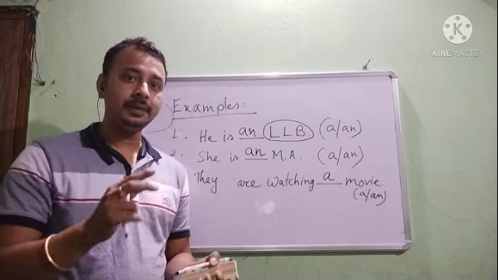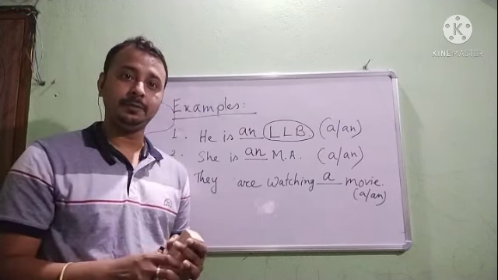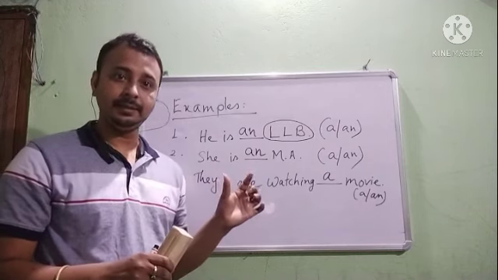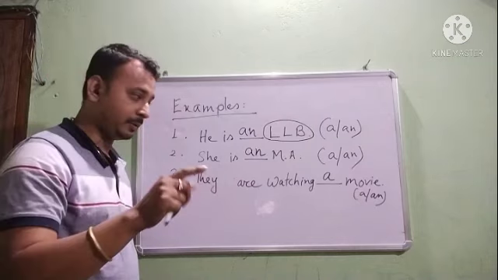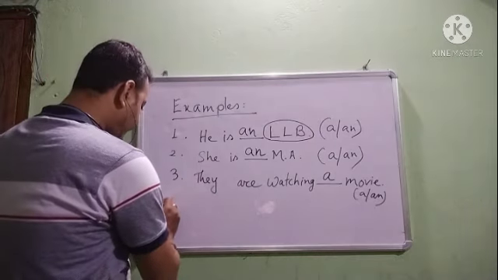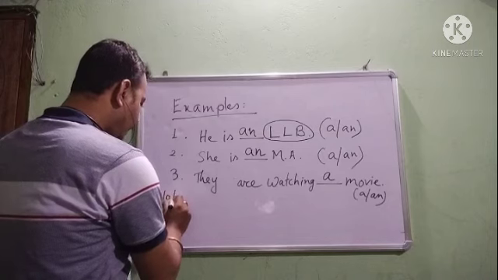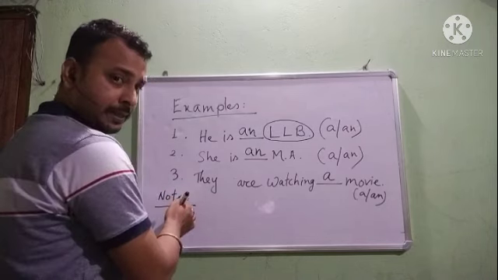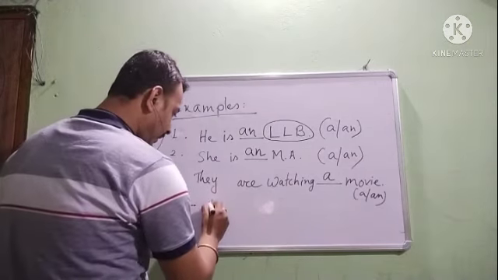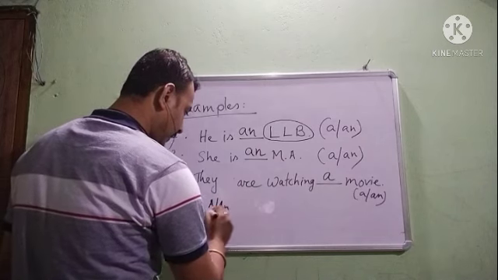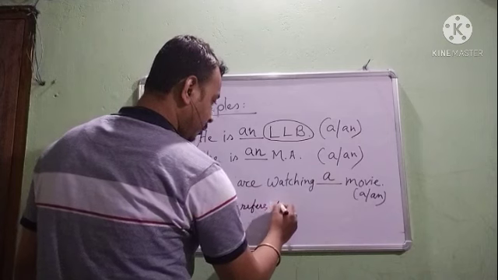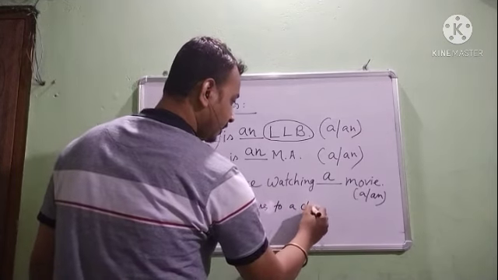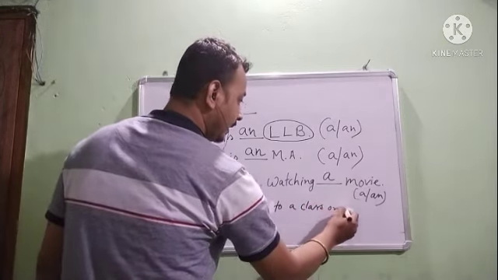Okay? Now we will go to another part, and that part will be the definite article the. But before that, I tell you one more important thing about A or AN. You please note this one, that A or AN refers to a class, or a kind.